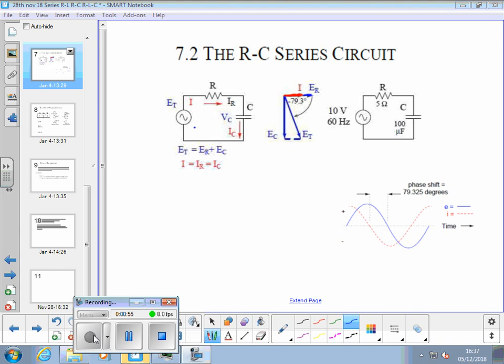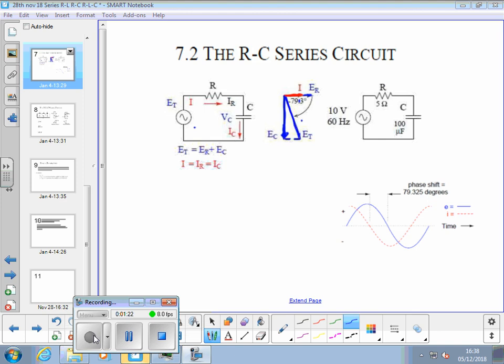And then we have a capacitor voltage that is 90 degrees out of phase, down here, with the current and the resistor voltage. And then you complete the parallelogram to get the overall voltage there.